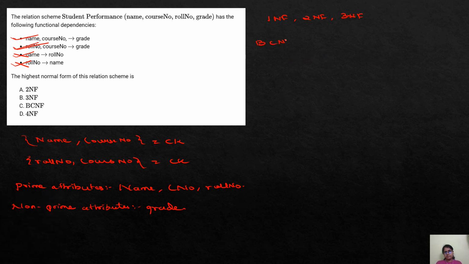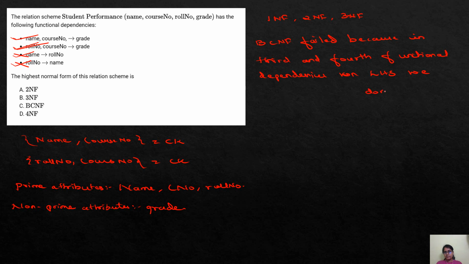BCNF failed because in the third and fourth functional dependencies, on LHS we don't have a key.